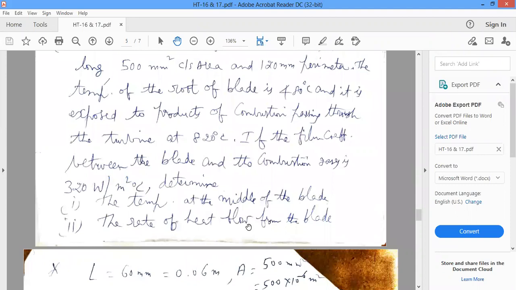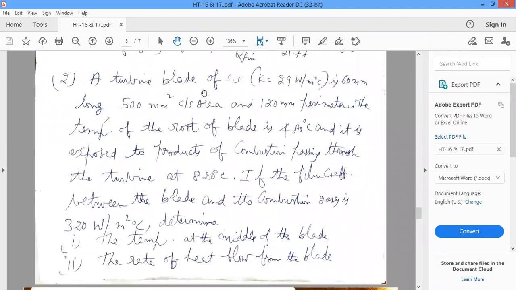And rate of heat flow from the blade. Turbine blade, you can take as a fin of stainless steel material of thermal conductivity 29 watt per meter degree centigrade, 60 mm long. Cross sectional area 500 mm square, perimeter P 120 mm.